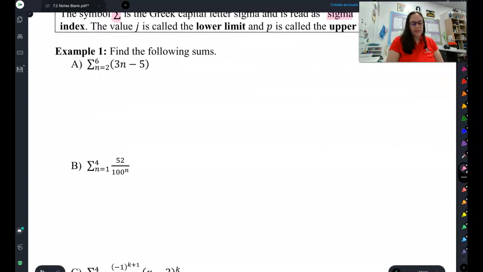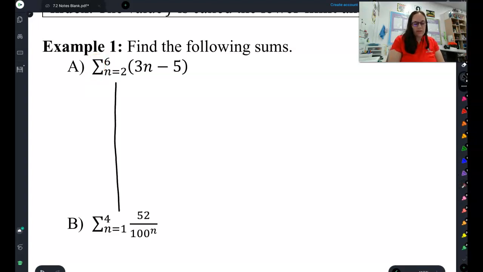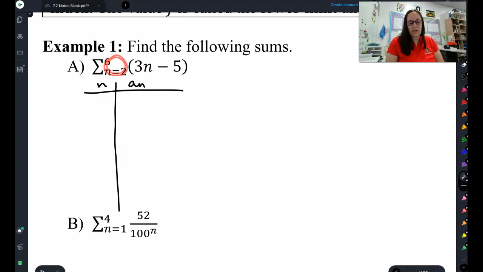So let's try that on example 1. These are all written in summation notation, and we're going to split them apart and actually add them together, because that's what this symbol means. This means sum. So here I'm going to make my table, just like I did last class. But now this is telling me which n numbers I'm focusing on. So I'm going from n equals 2 to n equals 6.